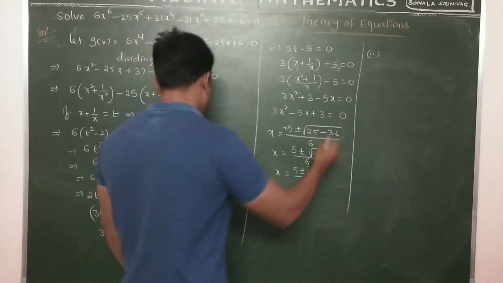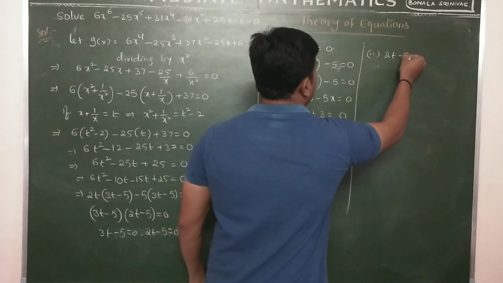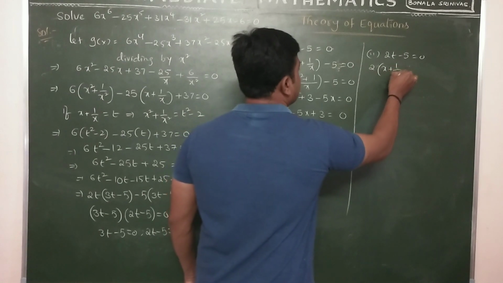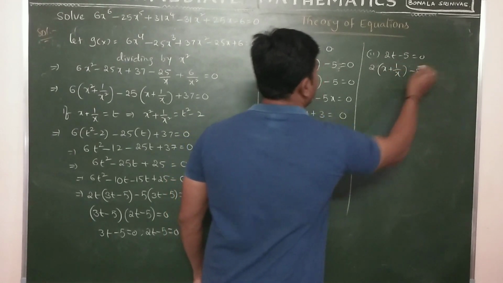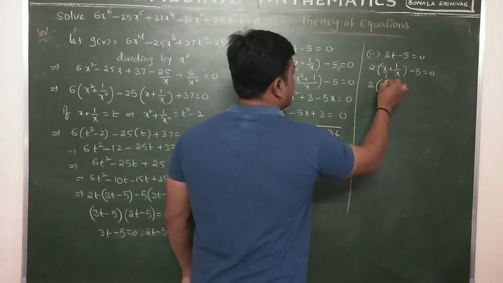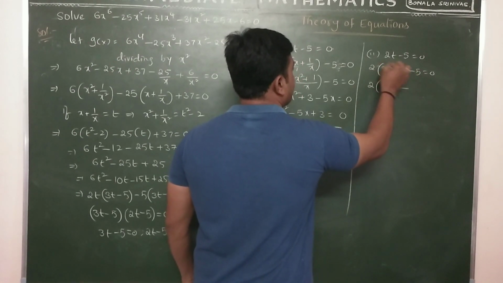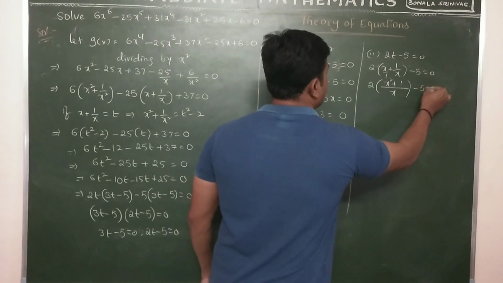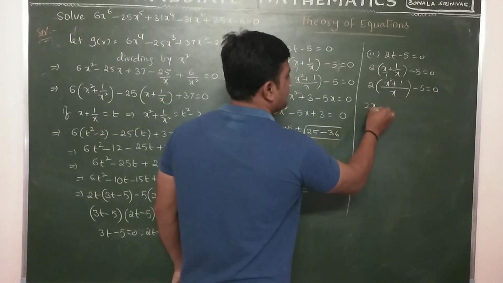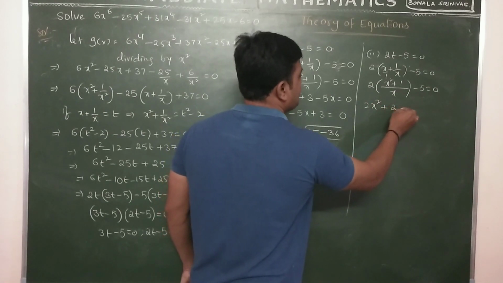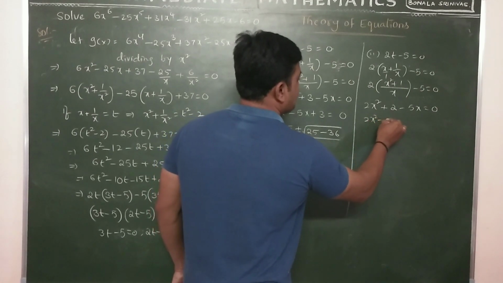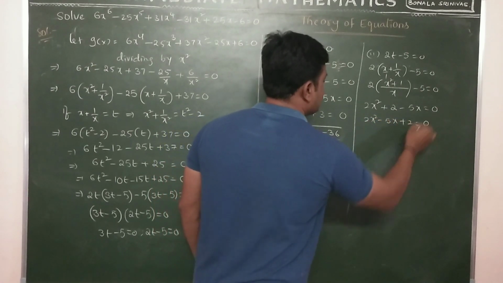Let 2t minus 5 equals 0, same like this. 2 into x plus 1 by x minus 5 equals 0. Again now the LCM is x, so x square plus 1, minus 5 equals 0. Multiplying with x, we get 2x square plus 2 minus 5x equals 0. 2x square minus 5x plus 2 equals 0.